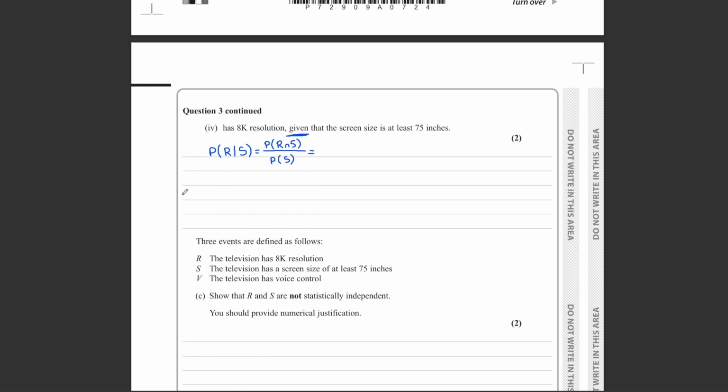Probability of R given S is the probability of them both divided by the probability of S. In decimals, that's 0.122 to 3 significant figures.